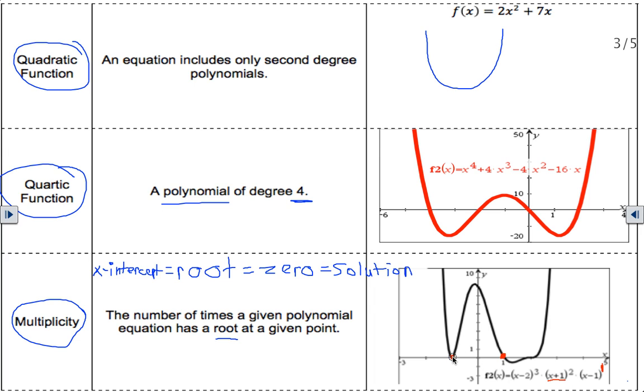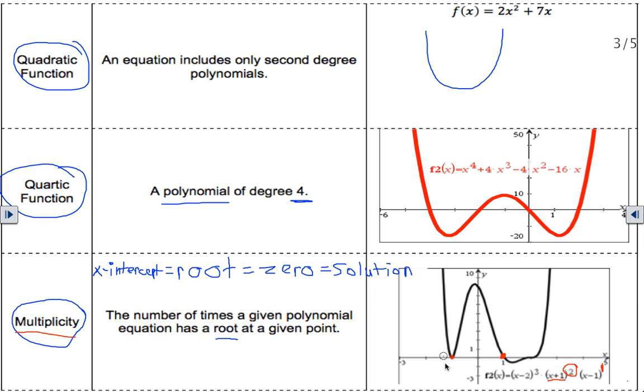Well, if you look at this x-intercept, instead of hitting it and passing through it, it's hitting the x-axis and it's bouncing off. The reason why it's bouncing off is because it has an even multiplicity. So this root's multiplicity is a 2.